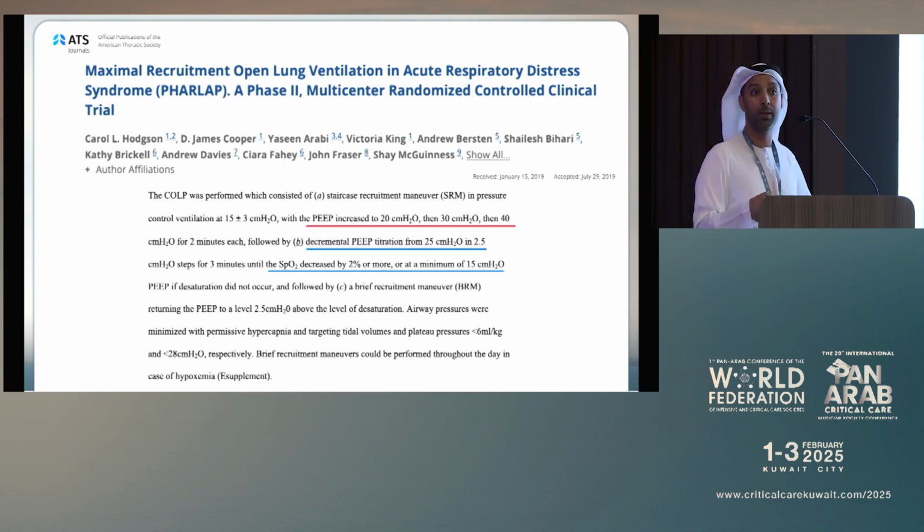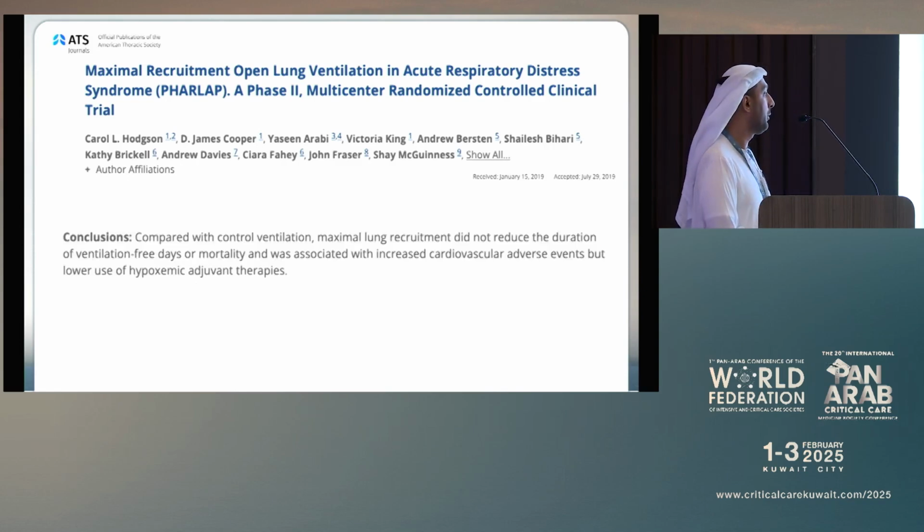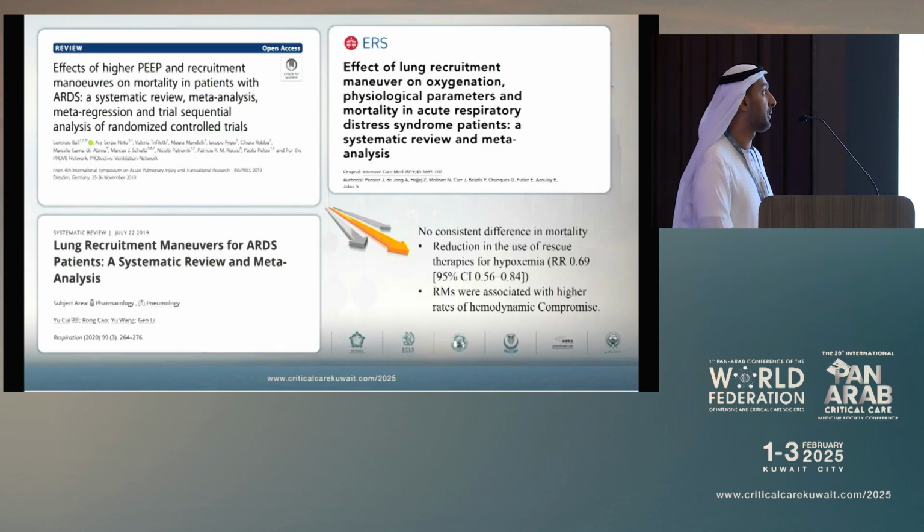That's another maneuver they describe. They found it did not reduce the duration of ventilation or mortality at 3 days, no difference. But it increased hemodynamic adverse events. So there are some issues with it.